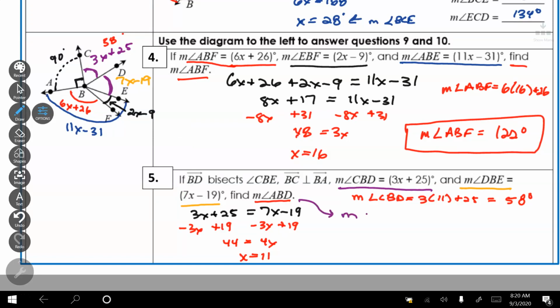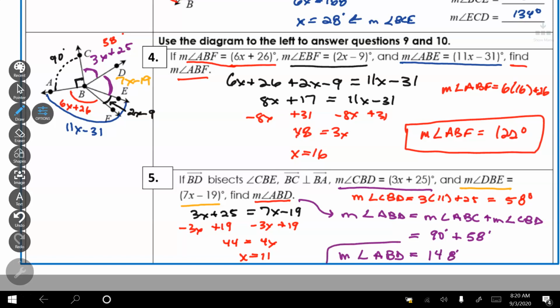The measure of angle ABD is equal to the measure of angle ABC plus the measure of angle CBD, which we just figured out. Angle ABC, this right angle, is 90 degrees, plus 58 degrees. So the measure of angle ABD is 148 degrees.